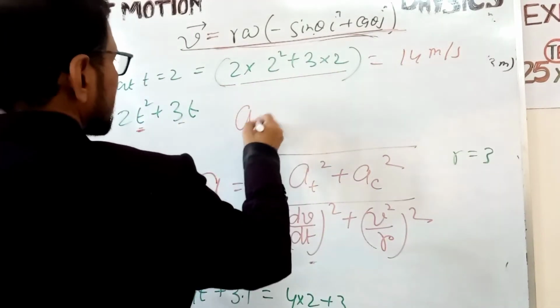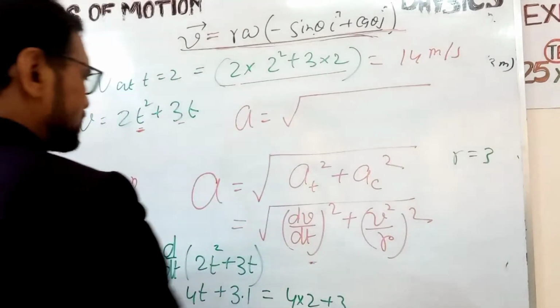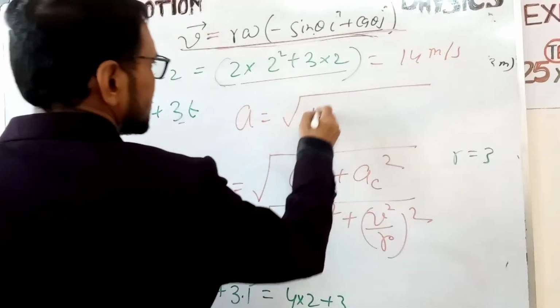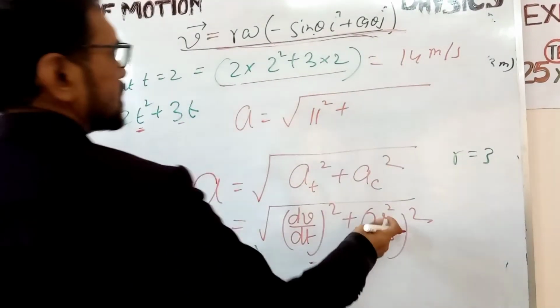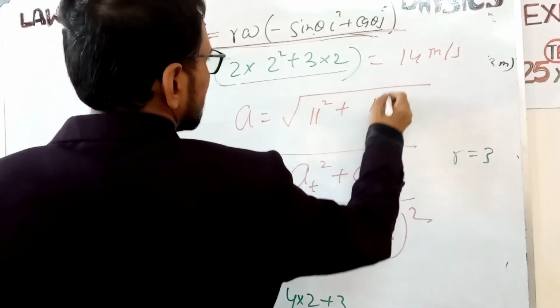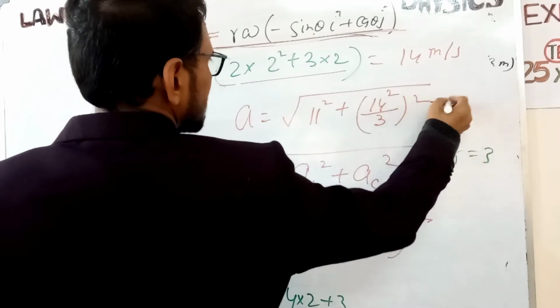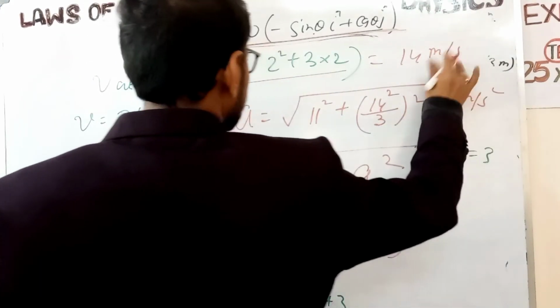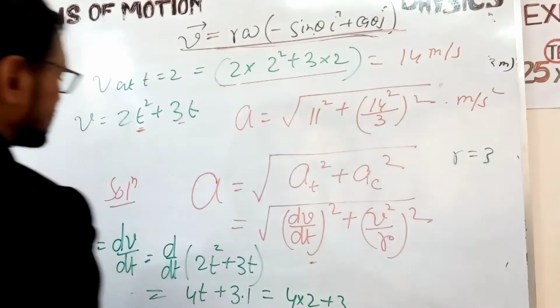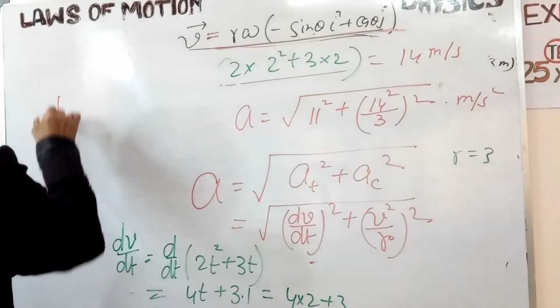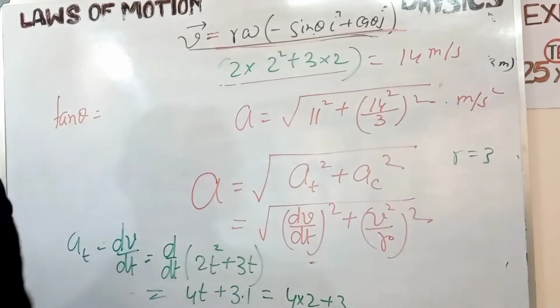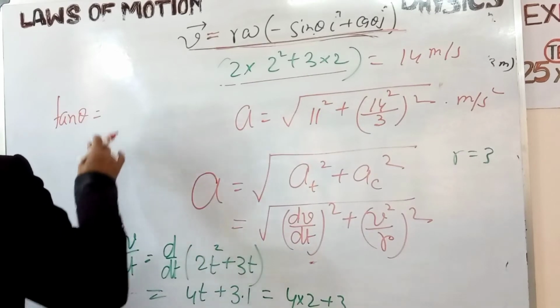Now what is the answer? The answer is a equal to the square root of at square plus ac square, where at equal to dv by dt, and ac equal to v square by r, that whole square. So this is the answer. Calculate, this is the answer. Now the theta formula: tan theta equal to ac by at. What is theta?